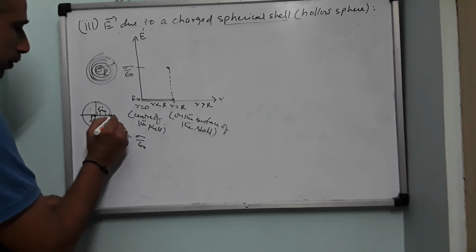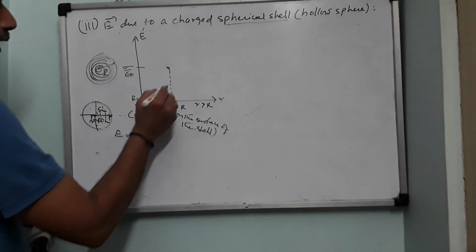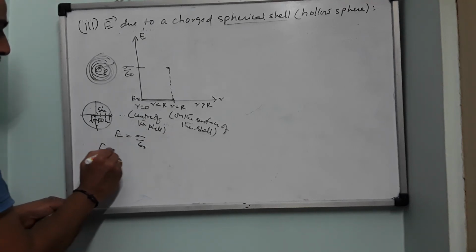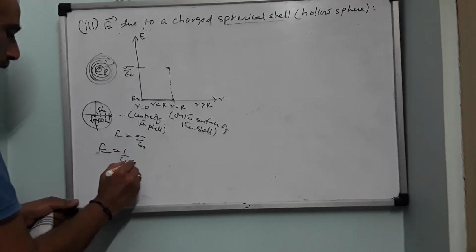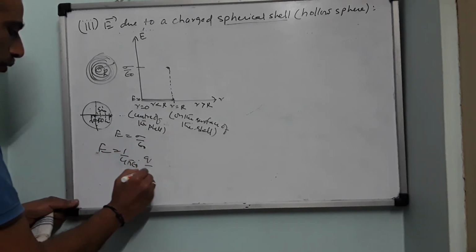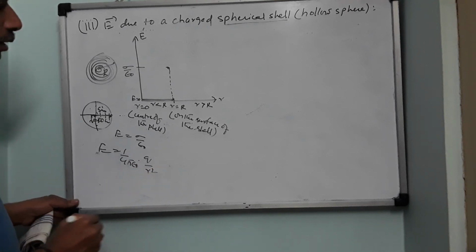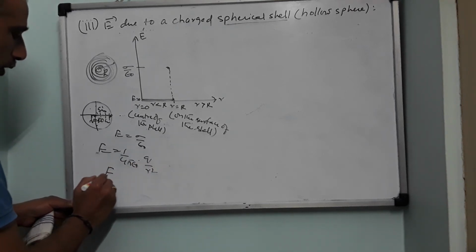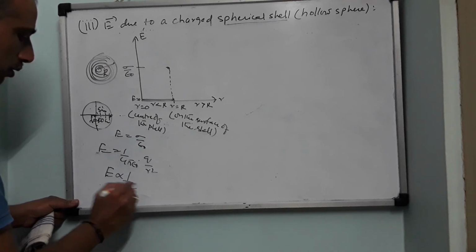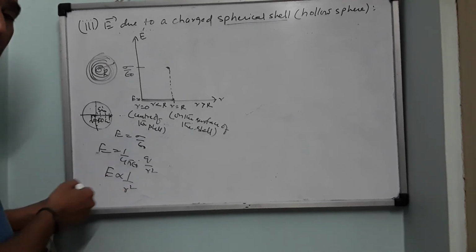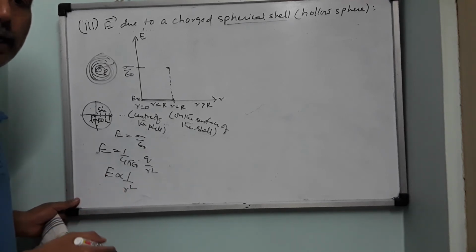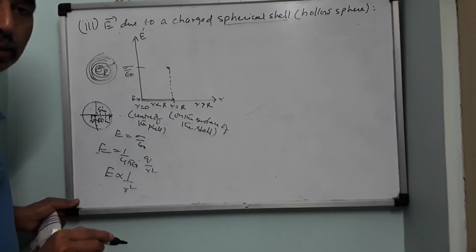Now as you move away from the shell, what will happen? The electric field gradually decreases with the equation E equals 1 by 4 pi epsilon naught into Q by R square. Therefore, E varies inversely with the square of the distance. So this relation will give you a hyperbola. I taught you about the graphs in class 11th.